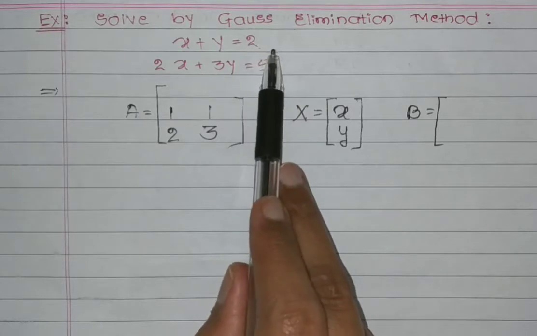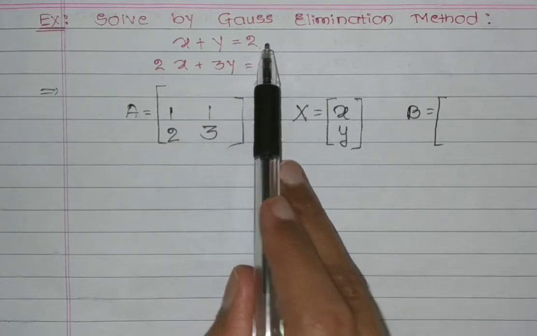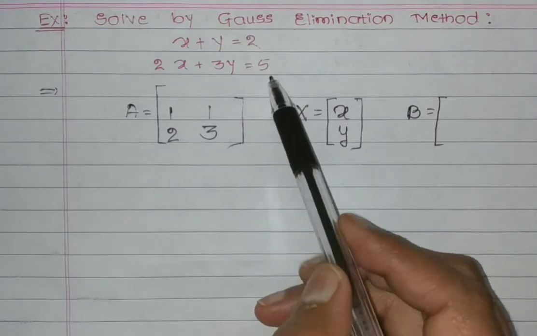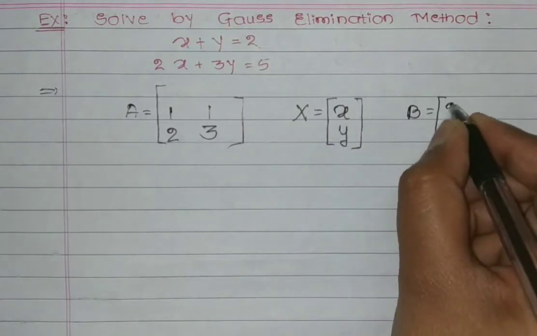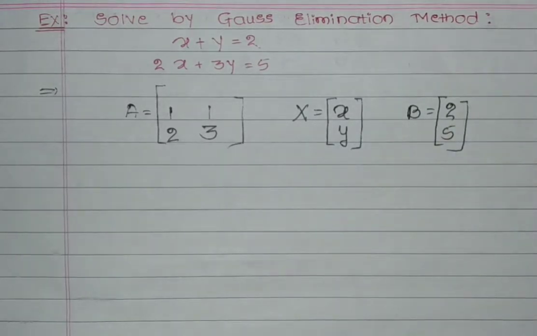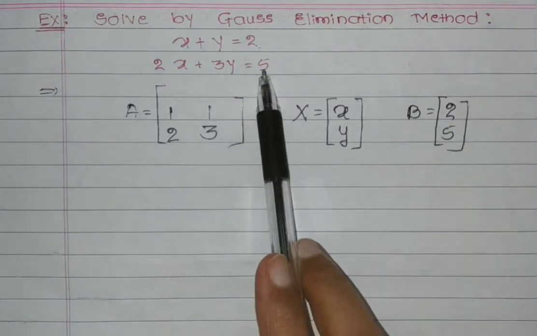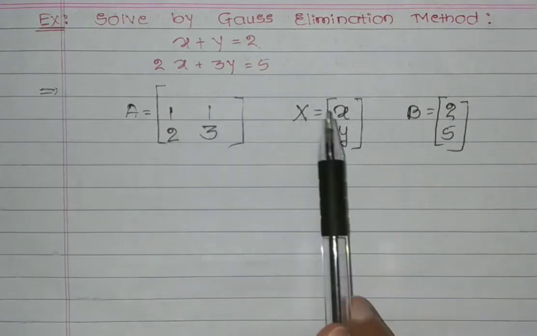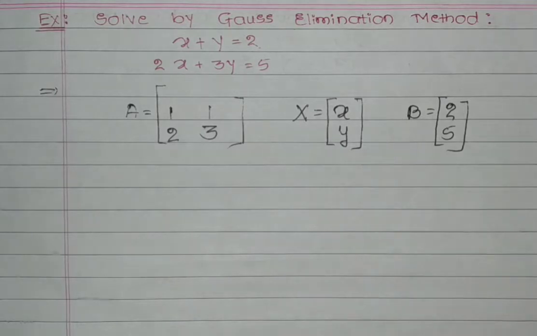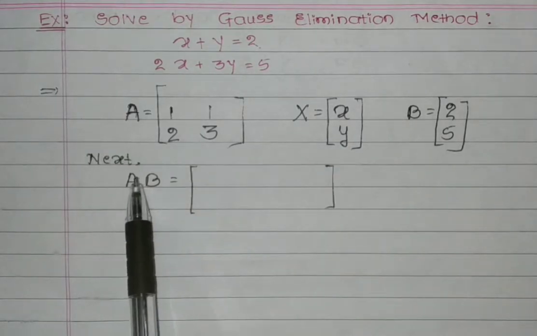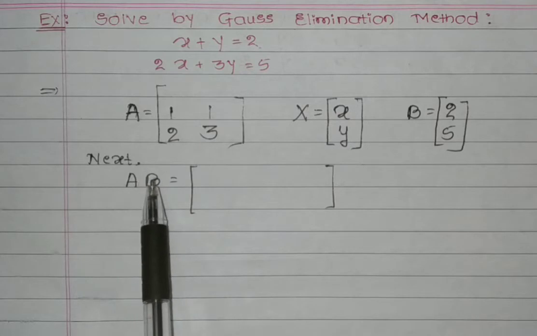So the constants involved on the right side of the equation we have to mention in matrix B. The constants are 2 and 5, so here we have 2 and 5. So in the first step, we have converted the given equations in terms of matrix A, matrix X and matrix B. Next we have to consider the augmented matrix AB.